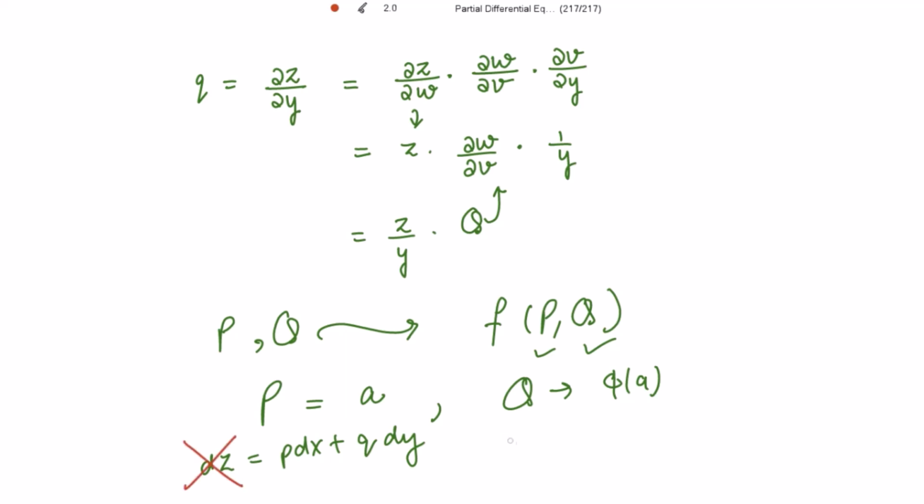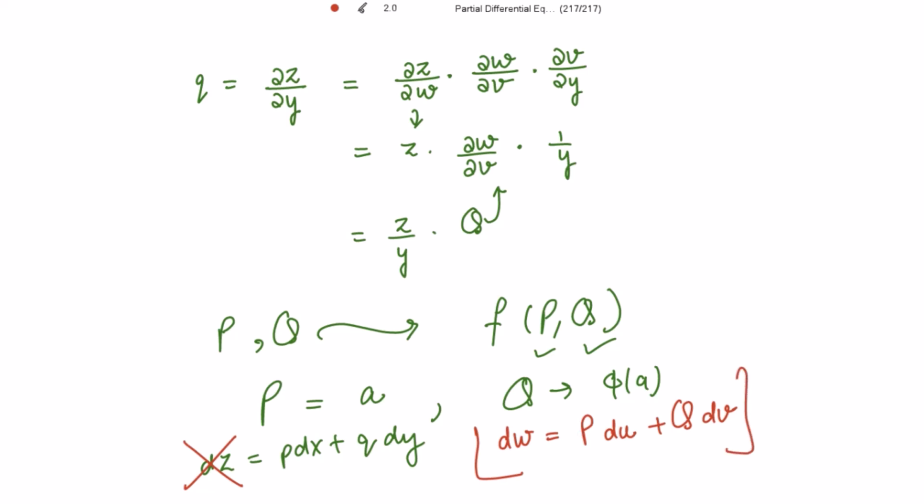Instead we need to take dw equal to capital P du plus capital Q dv, right? So consider this equation and then solve for the complete integral.